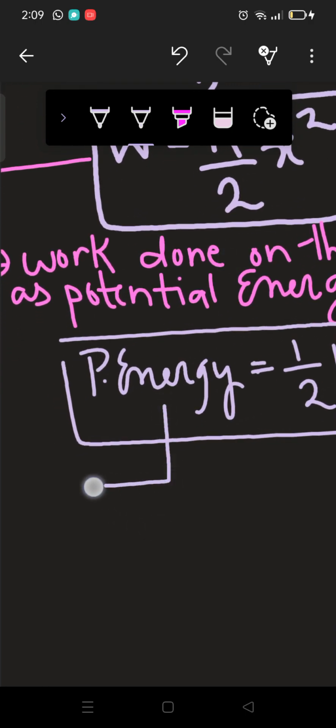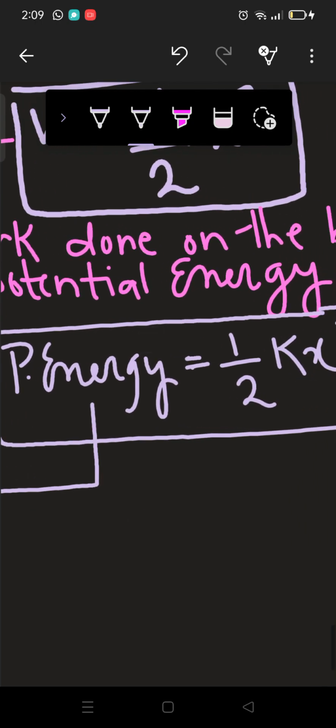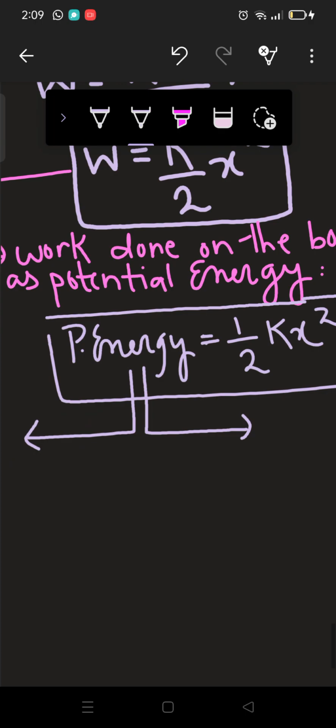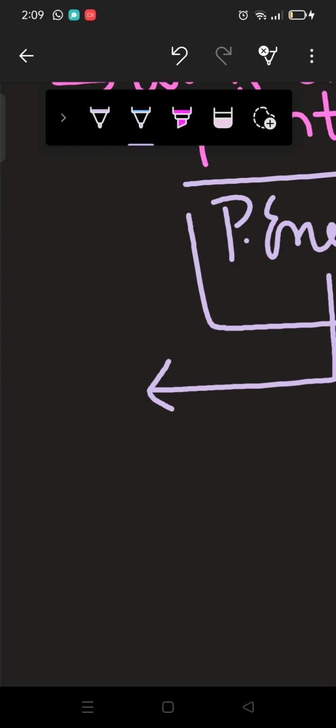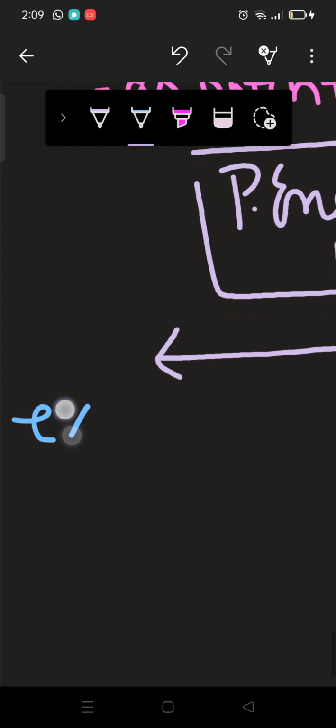See, what is potential energy? Potential energy is due to its position, right? In actual, it is work done against the field. But here we are going to take this potential energy as due to its position, right? So it will be maximum when it has covered some displacement, which means at extreme position it will be maximum.